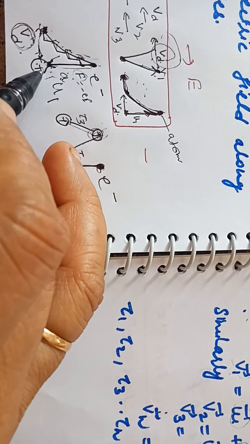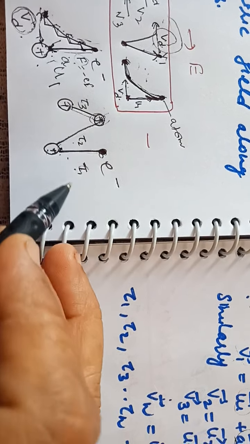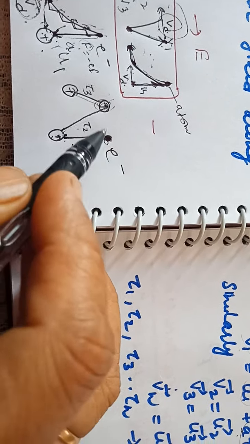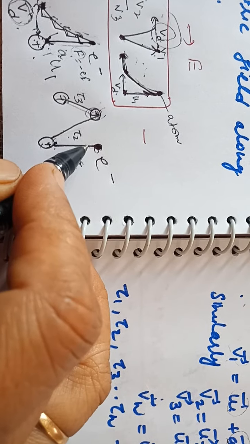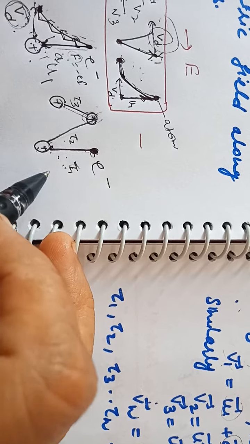So the time taken by the electron between two successive collisions is known as the relaxation time, which basically depends upon the mean free path.